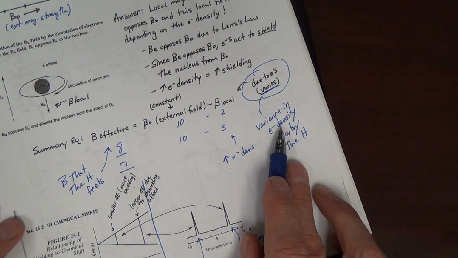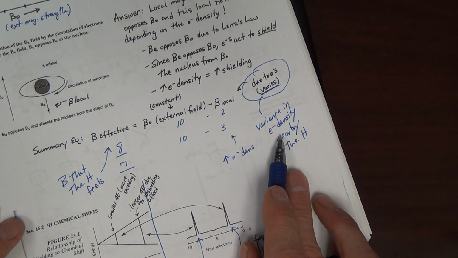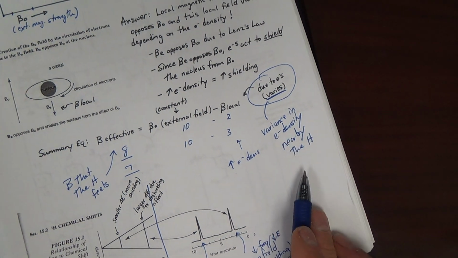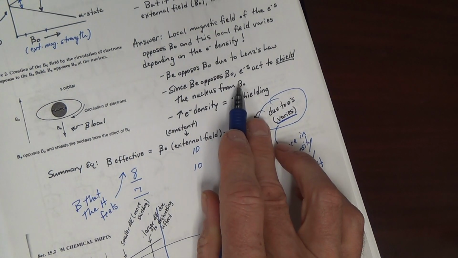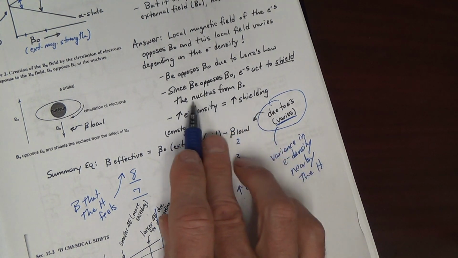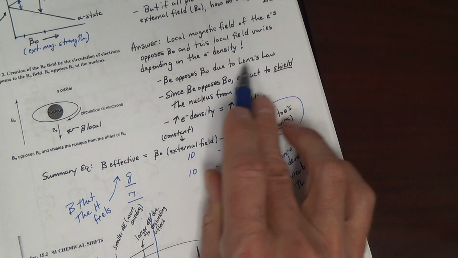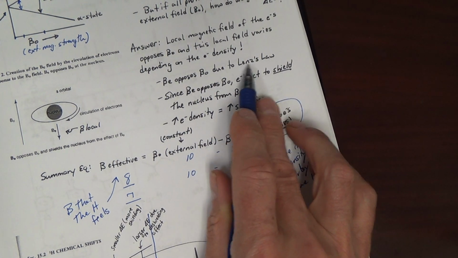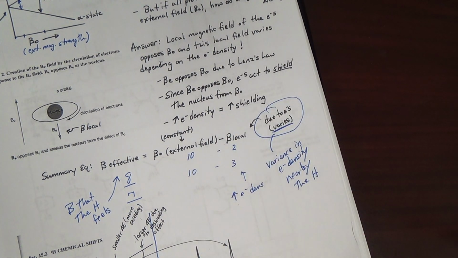And the more electron density you have, the more shielding you're going to have. The local electron magnetic field opposes the external field due to Lenz's law, which you will see in your physics book.